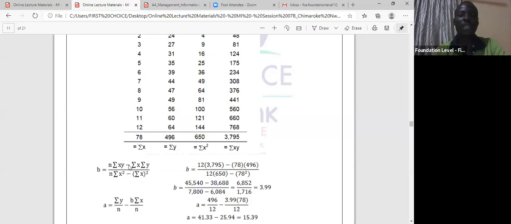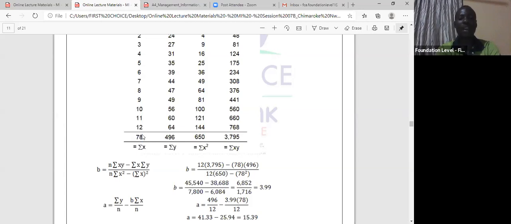So you bring that of x, the sum of x, multiplied by the sum of y to get this figure. Then you bring that of x square. We have to get data for x square. Find the sum of x square, which is this 650 here, multiplied by 12, which is the number of observations. Then we have sigma x, then square.